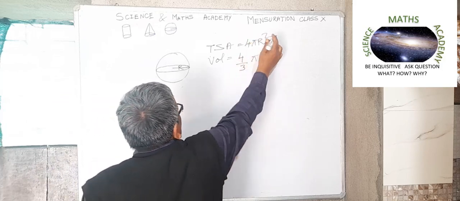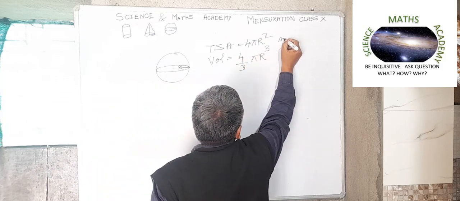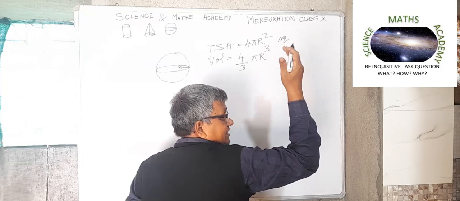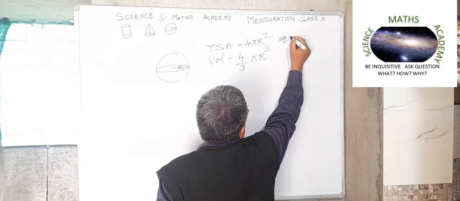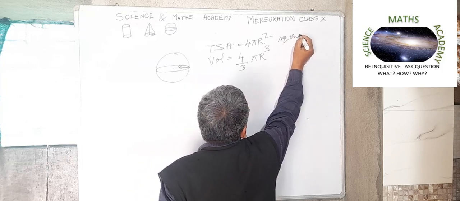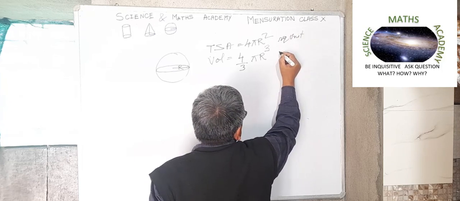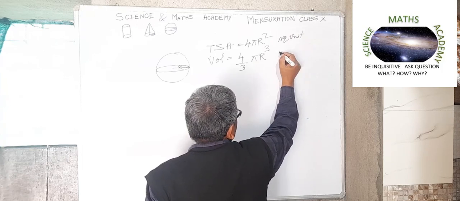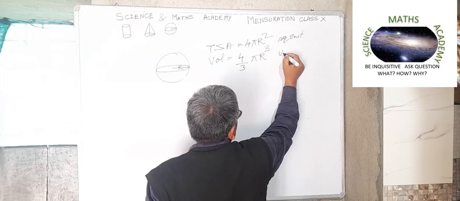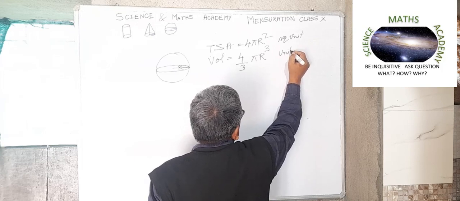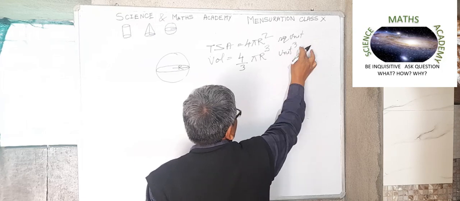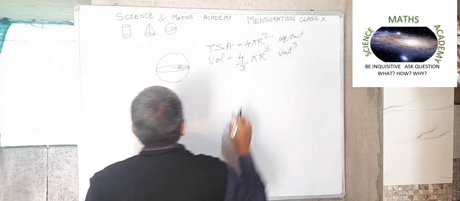The unit of area will be square unit, square centimeter, square meter, etc., and the unit of volume will be cubic unit, say centimeter cube, meter cube, like that.